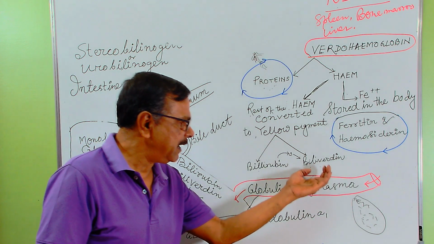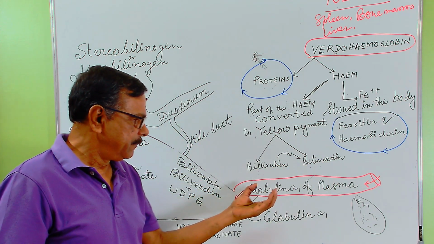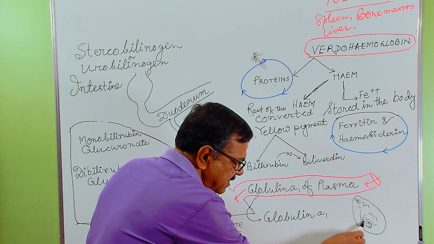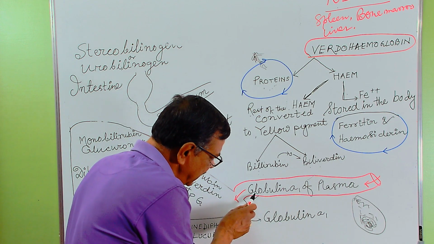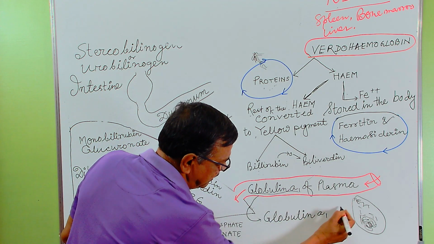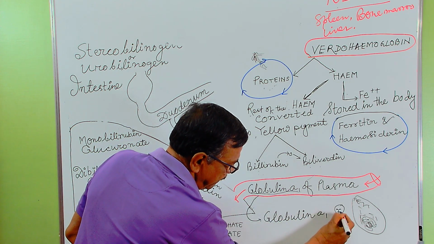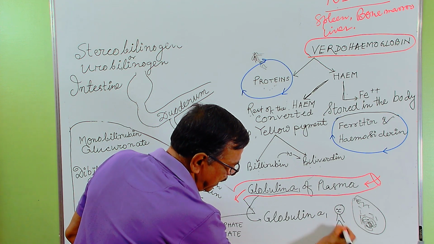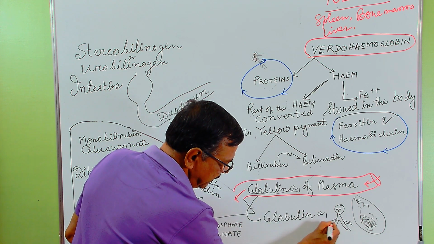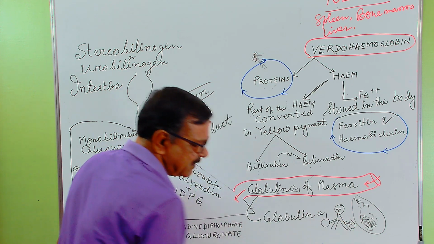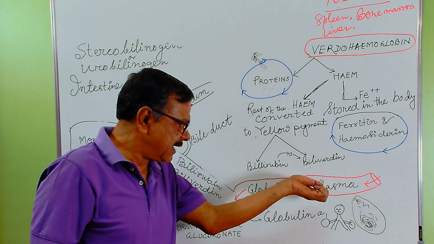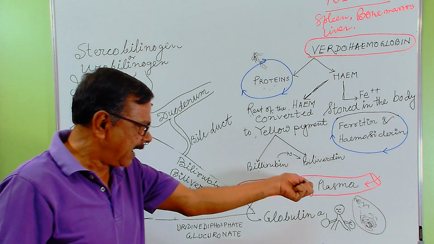So bilirubin and biliverdin are carried in the plasma. Within the plasma they get mixed, with globulin A1 in this hand, bilirubin and biliverdin in this hand. Now this bilirubin and biliverdin enters into the plasma of blood vessels.